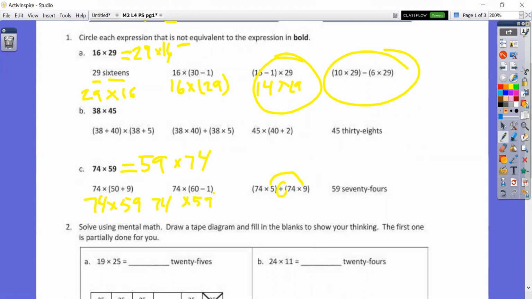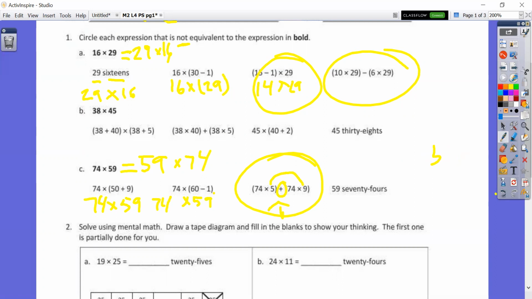If we added those together, that would only give us 14, right? So that means this one's not equivalent. We don't break 59 as a 5 and a 9. We break it apart as 50 and 9, right? That 5 doesn't just mean 5, it means 5 tenths. So don't allow this one to trick you.